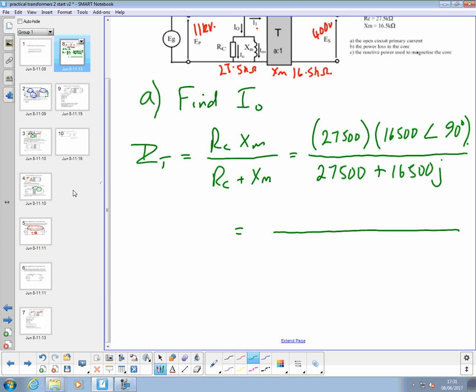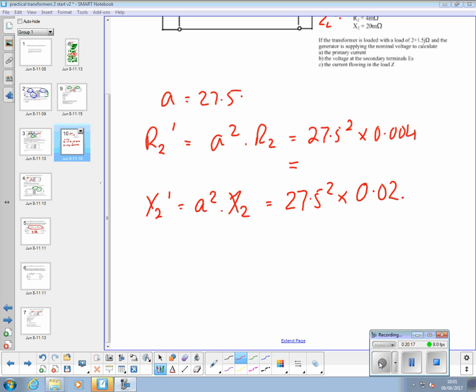So what we're going to do is multiply out the top line, and convert the bottom line so we can then do the division. Alright? So we're going to multiply out the top first and then divide. I'll let you finish that off and give me the results.